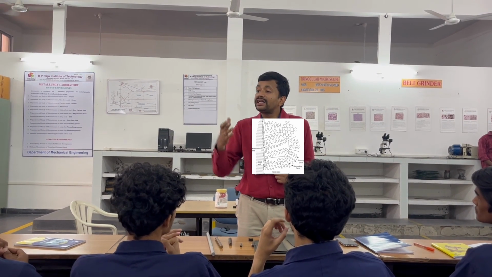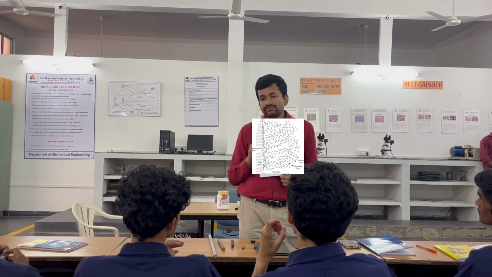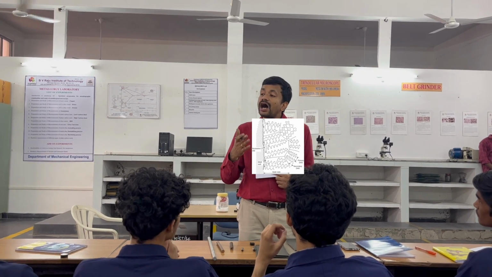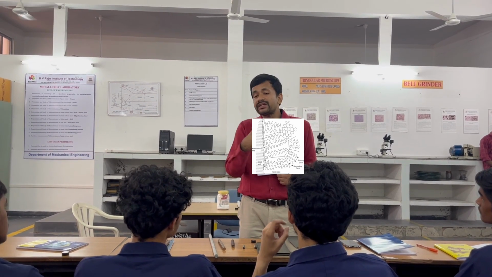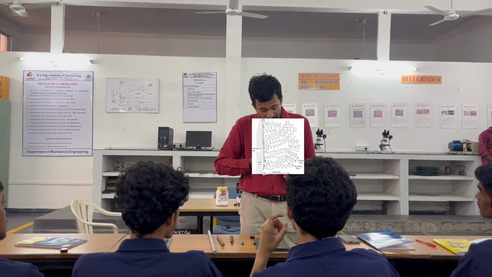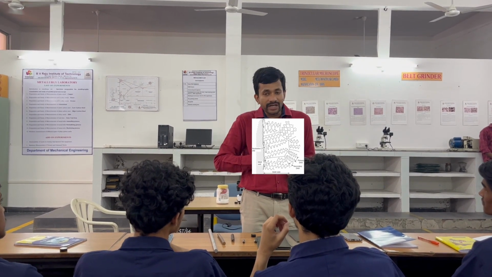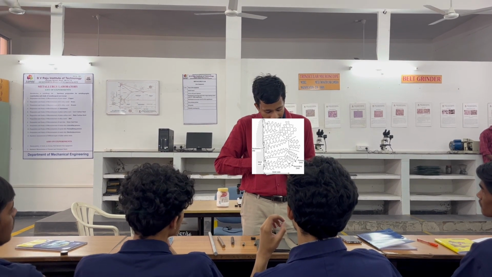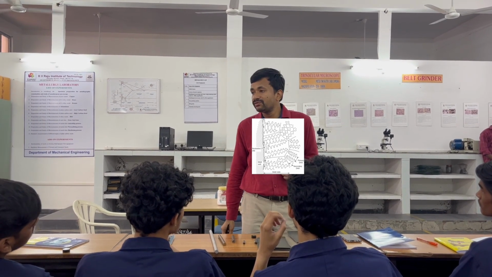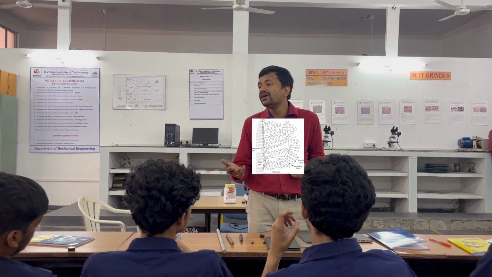And they all try to orient in one direction. And that's how a dendrite is formed. I'll try to show you in the PPT later. So after forming the nuclei, it will try to grow like a tree-like structure, leaf-like structure.